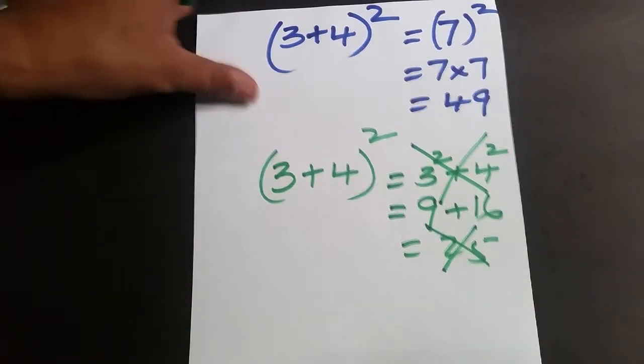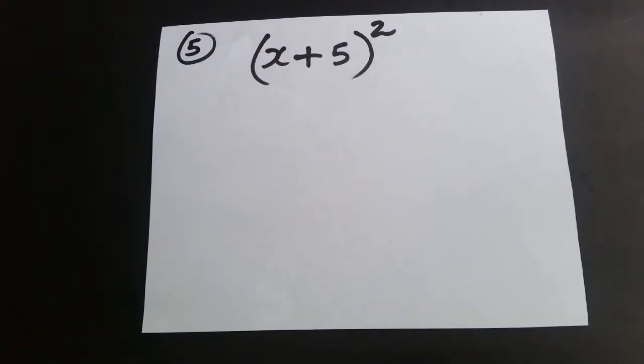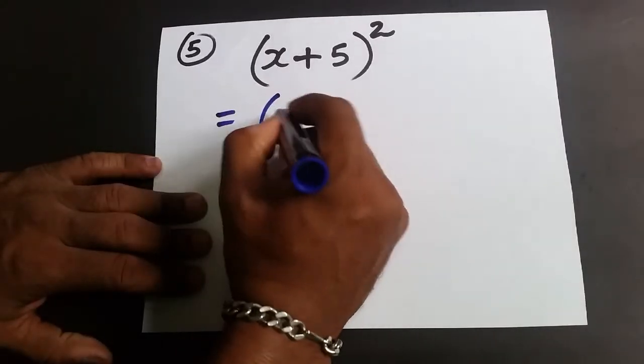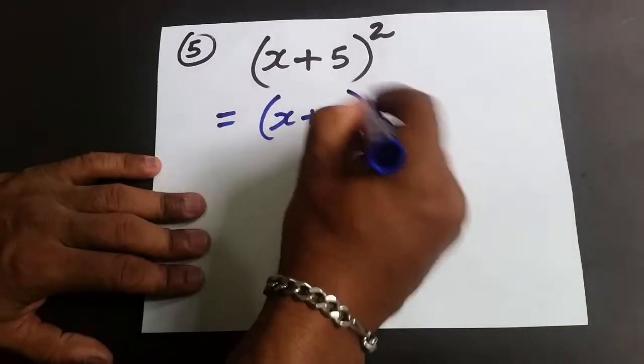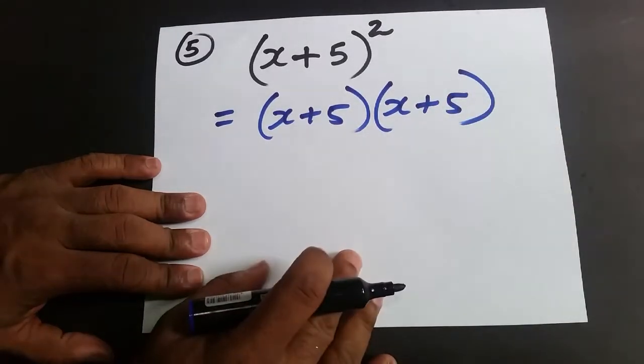All right, so let's go back to the question. So we have x plus 5 all squared. What this simply means is x plus 5 in one bracket times x plus 5 in the other bracket.